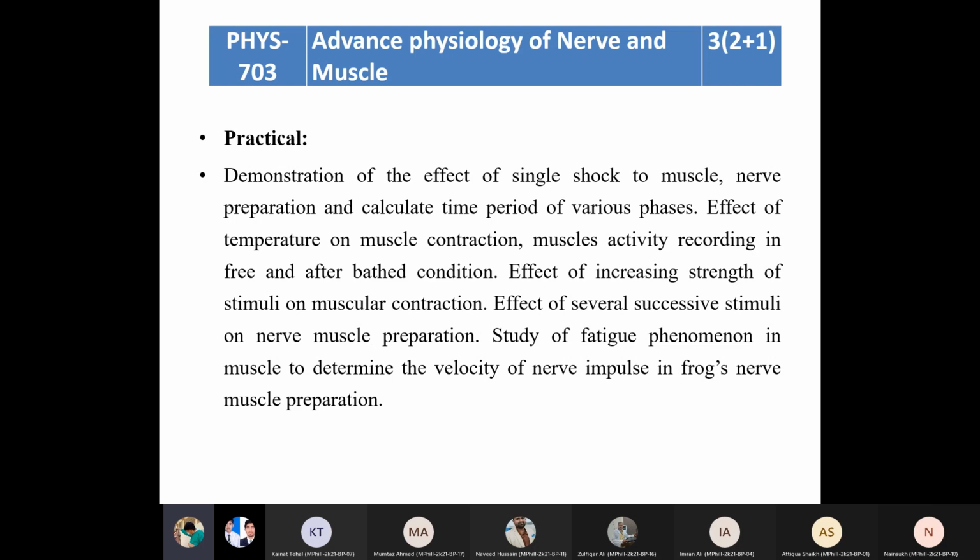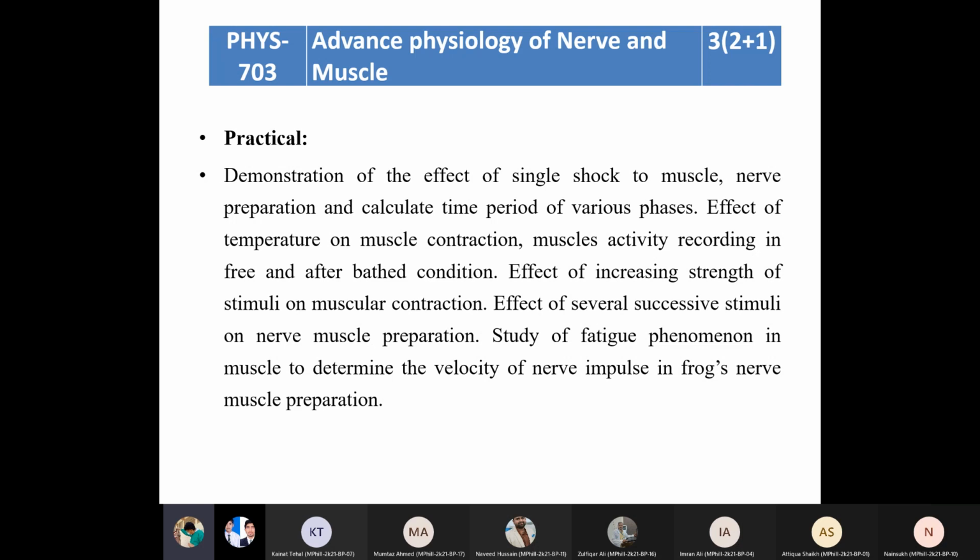The practical contents which will be covered in this subject: the demonstration of effect of a single shock to a muscle nerve preparation, and calculate time period of various phases, effect of a temperature on muscle contraction, muscle activity recording in pre and after a bathed condition, effect of increasing strength of stimuli on muscular contraction, effect of several successive stimuli on nerve muscle preparation, study of fatigue phenomena in muscle, to determine the velocity of a nerve impulse in frogs nerve muscle preparation.